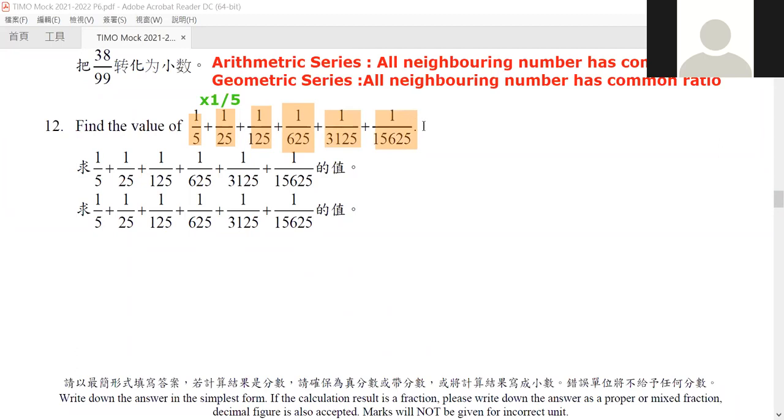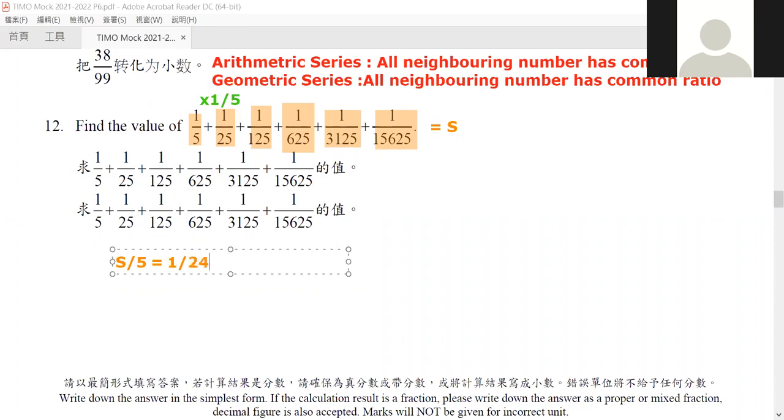Now, in order to calculate the geometric series, let's call the sum s. Let us find out what happens if we divide the sum by the common ratio 5.